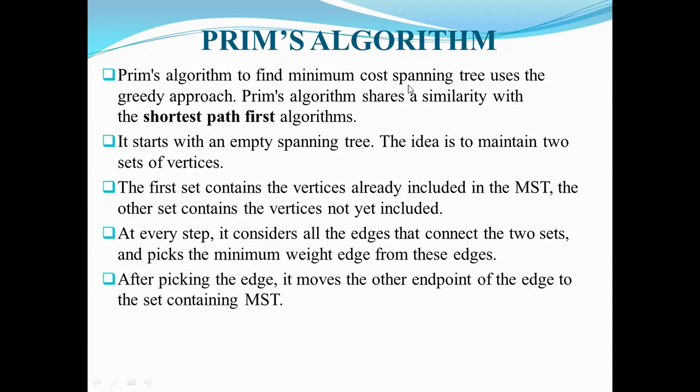Okay. I have already told in the previous video that we can easily identify how many spanning trees are possible. If the graph is completely connected, then we can directly apply n power n minus 2, where n is the number of vertices. If the number of vertices is 4 and the graph is completely connected, then 4 power 4 minus 2 means 16. We cannot always expect the graph to be completely connected.